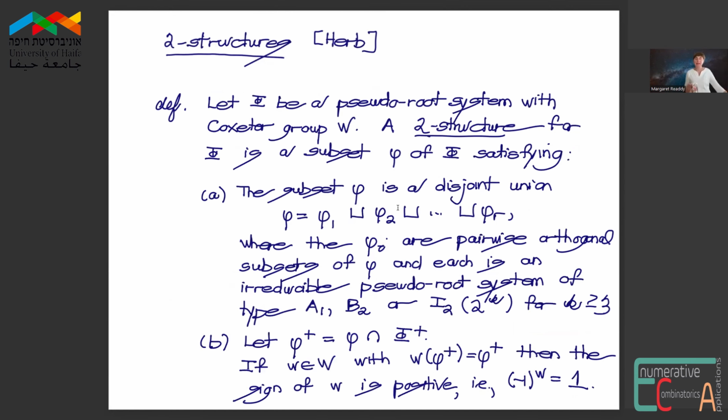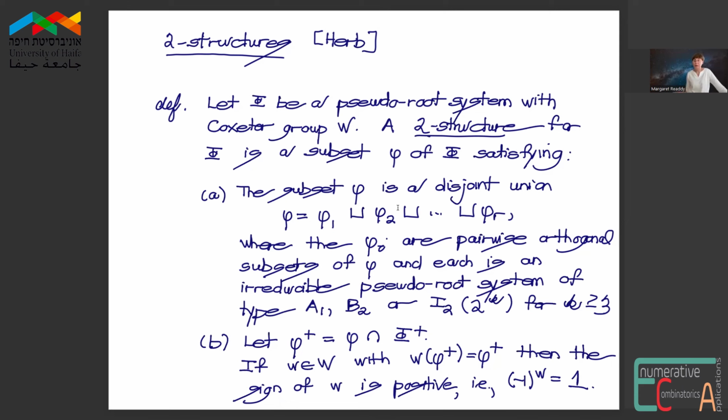All right, the next thing we have to talk about is two structures due to Herb. Okay, so we're in the pseudo-root system situation phi with your Coxeter group W. A two structure is going to be a certain subset of your pseudo-root system.